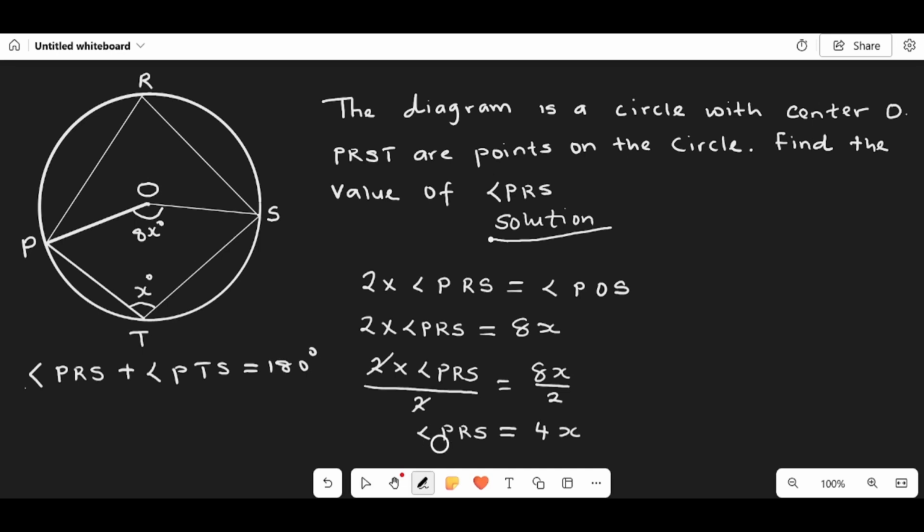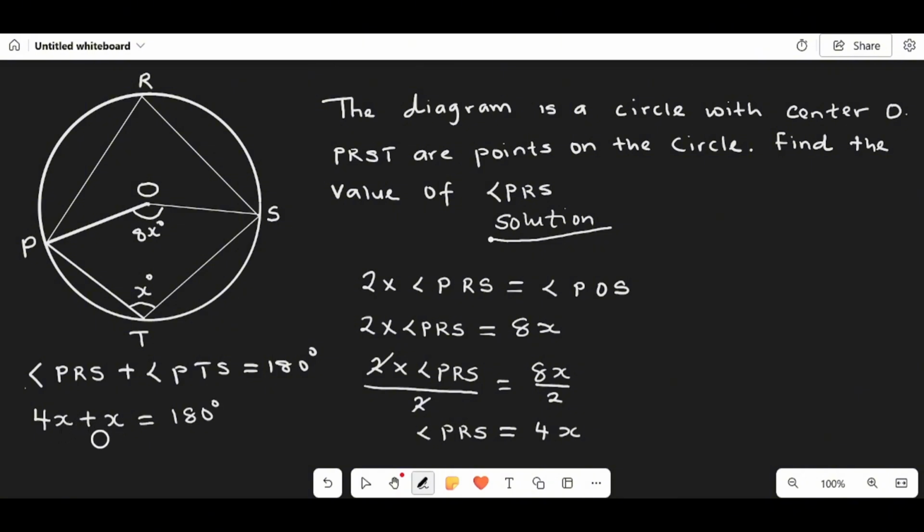And angle PRS is 4x and angle PTS is x. So let us substitute the values into this equation. 4x plus x equals 180 degrees.